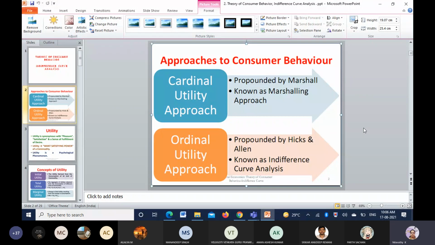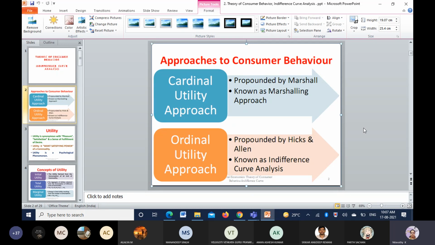For example, if I ask you what is the satisfaction level of consuming a particular product, there is no measurement for it, because satisfaction cannot be measured. But in economics, there are lots of things which have to be measured in terms of satisfaction only.